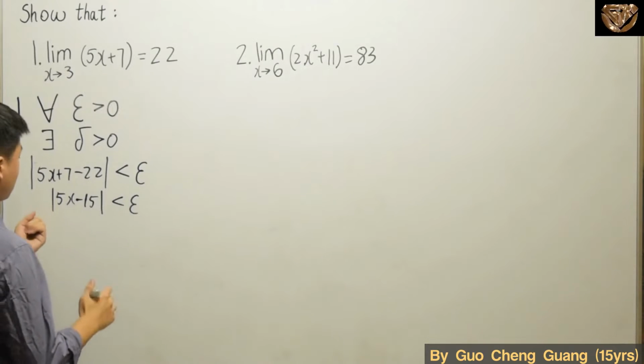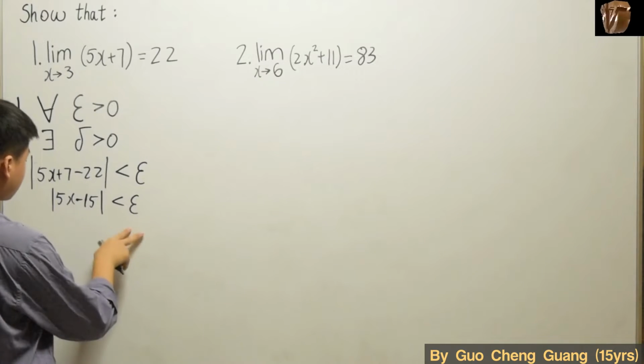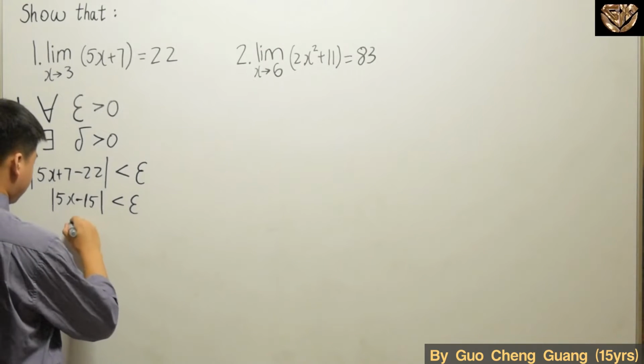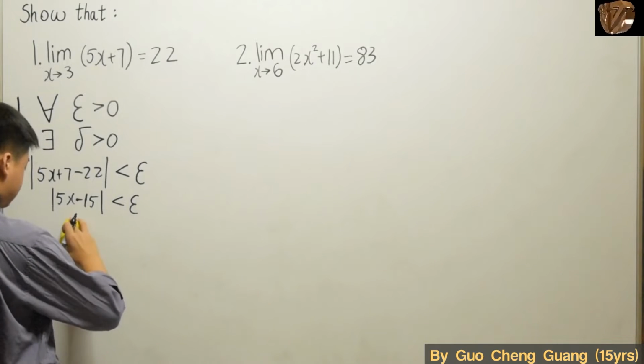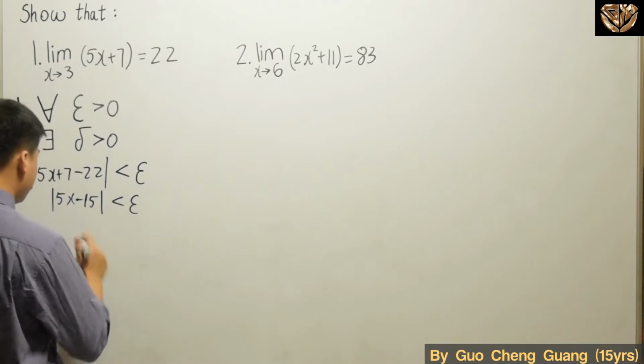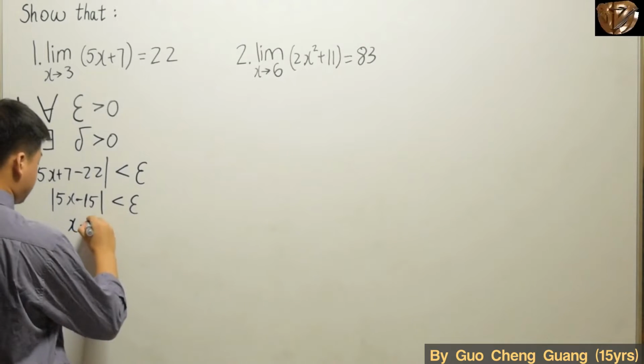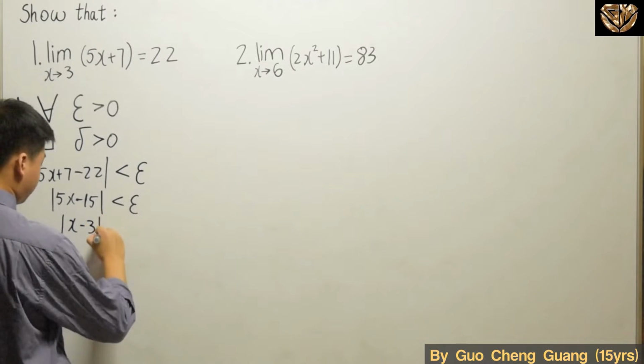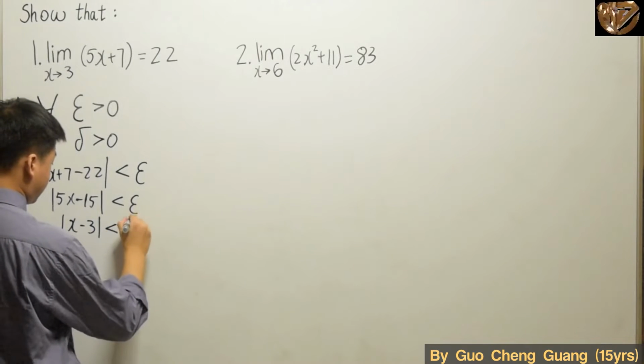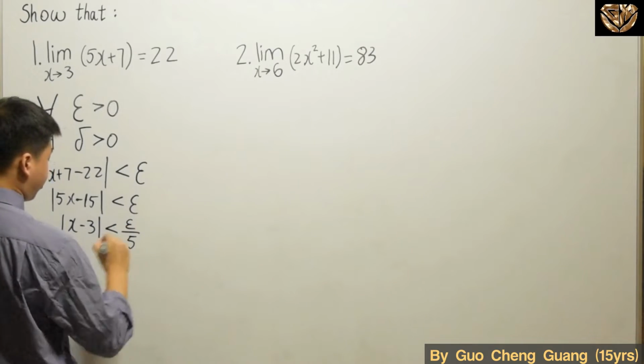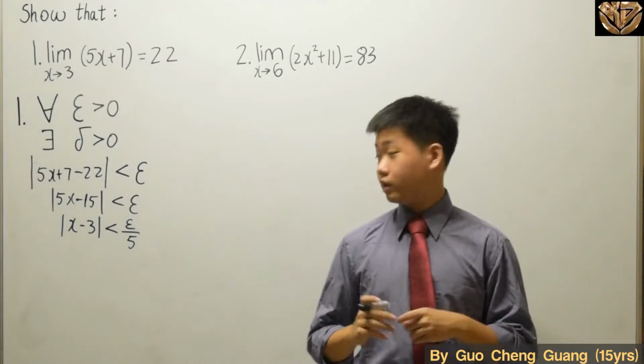For this part, you take the 5 out and divide the 5 to the other side. So the modulus of x minus 3 is smaller than epsilon over 5. Right, so this is what you see.